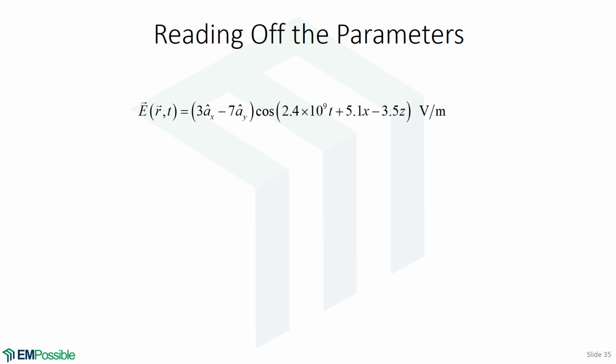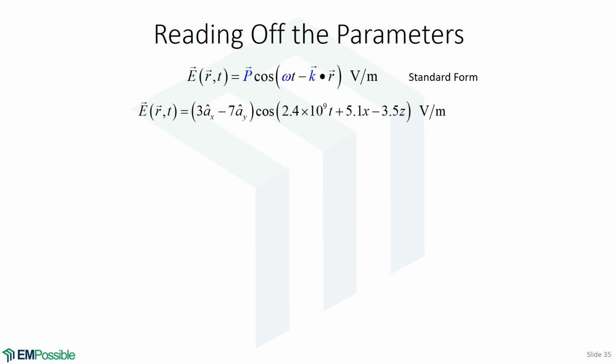Now let's do numbers. So here's an expression for the electric field. The first thing I will always do is put that in standard form. I didn't say polarization explicit form, I said standard form. The polarization explicit form would manipulate this polarization vector a little bit farther. But this is the standard form for a wave.